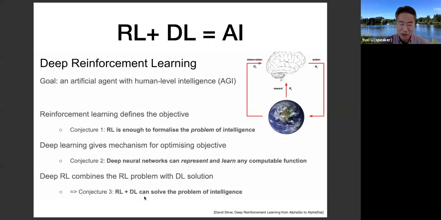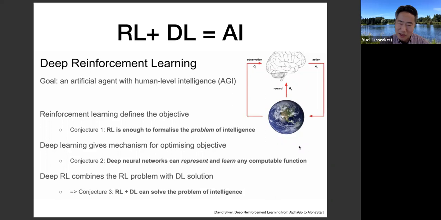So deep learning and reinforcement learning can solve the problem of intelligence. This is a strong hypothesis, and there are some debates, but it's from David Silver, who basically led the project of AlphaGo, so it makes some sense, at least to some extent.